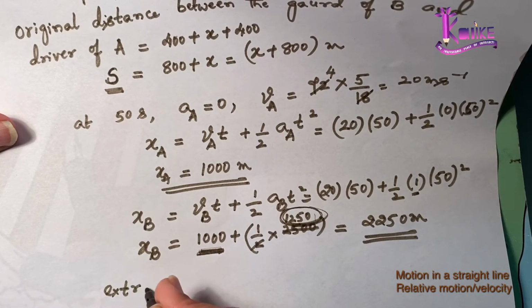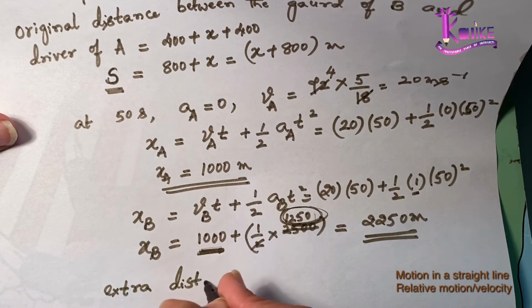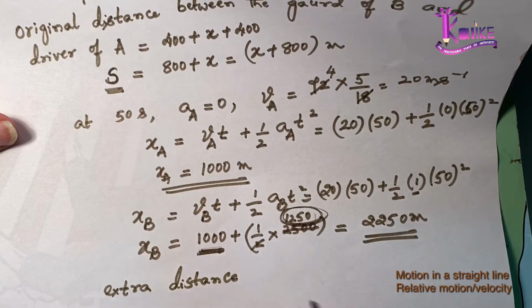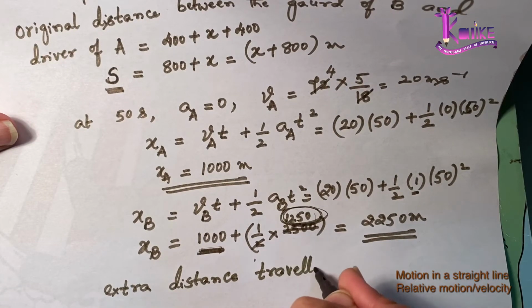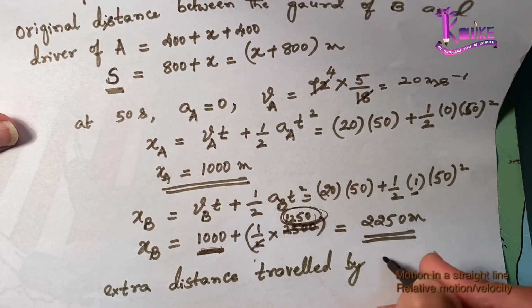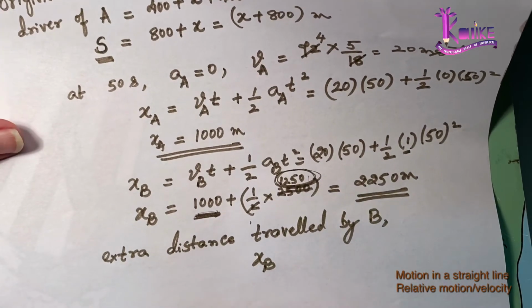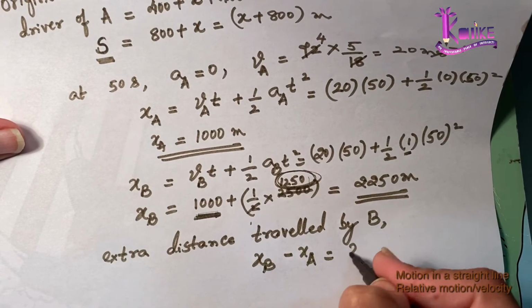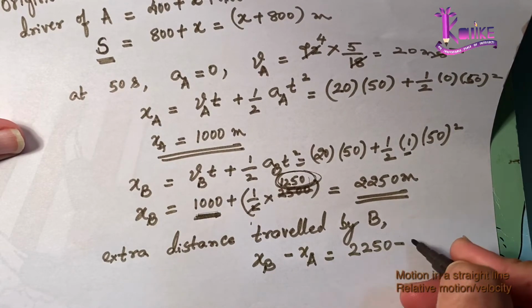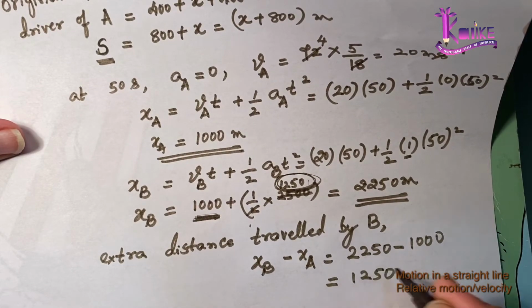So therefore, the extra distance traveled by B should be equal to XB minus XA, that is 2250 minus 1000, which is nothing but 1250.